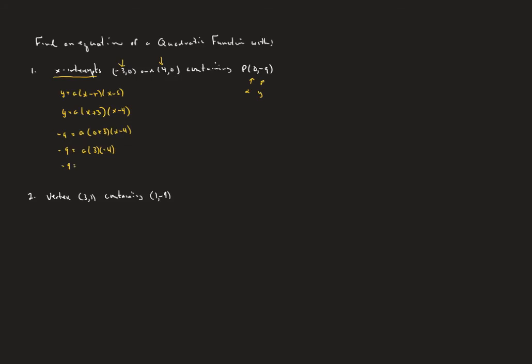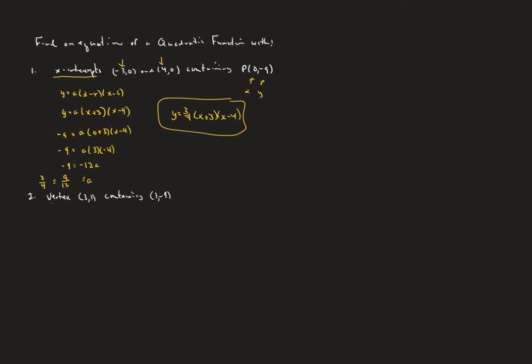So we get negative 9 equals negative 12a. So a is going to be 9/12 or 3/4. And so that makes our equation y equals 3/4 times x plus 3 times x minus 4.